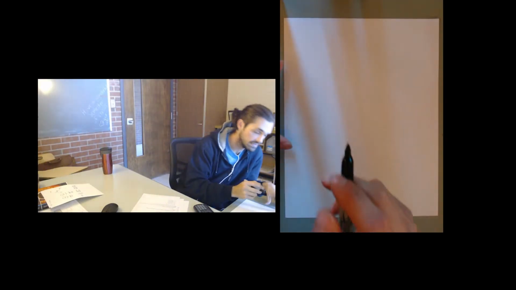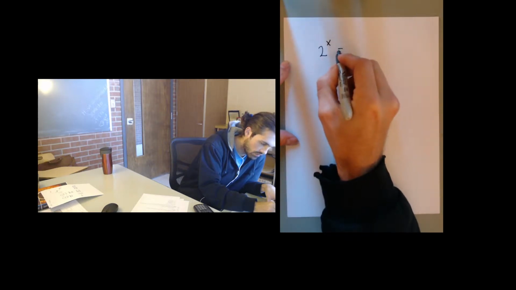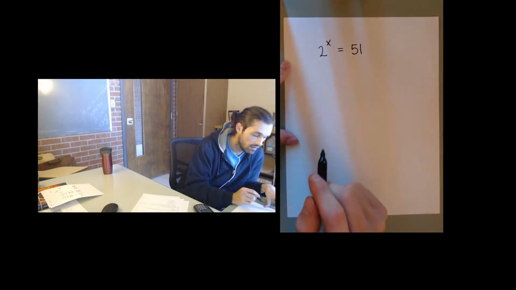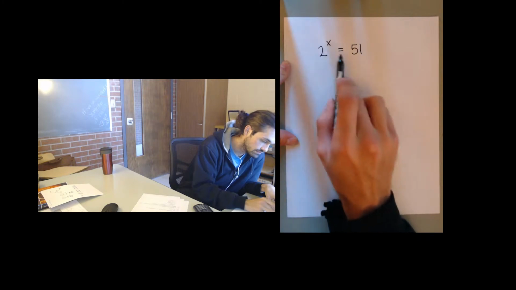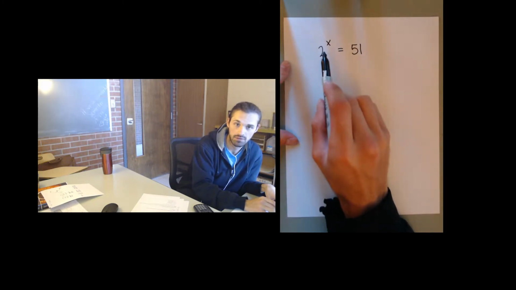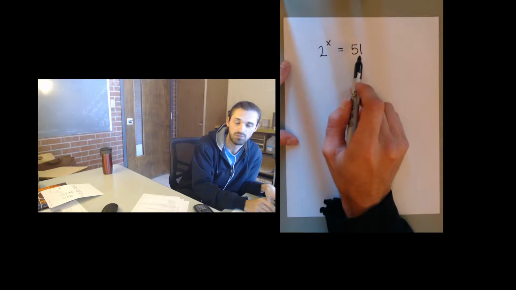So I have 2 to the x is equal to 51. Okay, so we need to use a logarithm to solve for this variable x. Recognize we're looking for some number so that when I raise 2 to that particular number, it's going to give me 51.